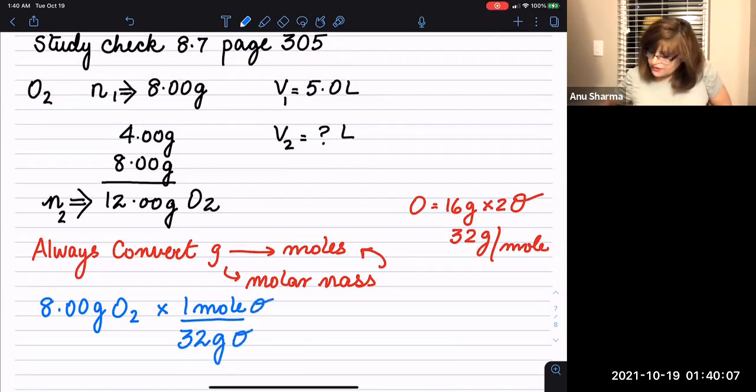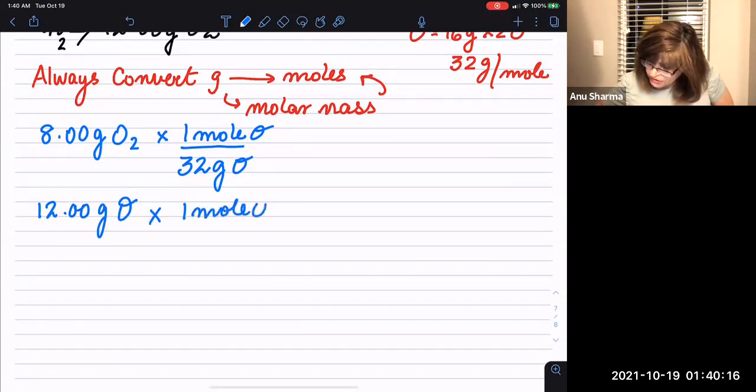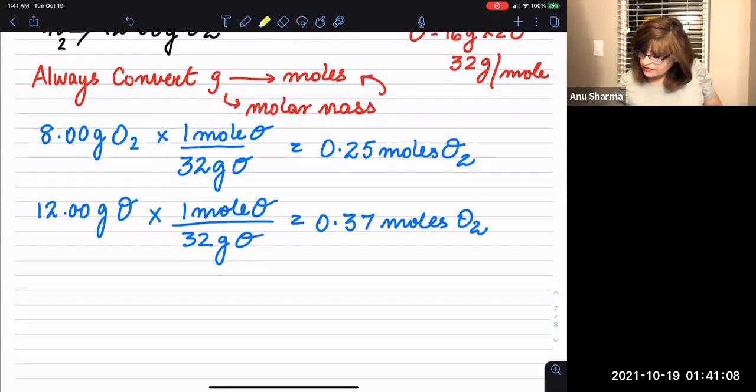Next is 12.00 grams of oxygen times 1 mole of oxygen divided by 32 grams of oxygen. Let's do the math here. This is what we get when you do the divisions. 8 divided by 32, you get 0.25 moles of oxygen. 12 divided by 32 gives you 0.37 moles of oxygen.